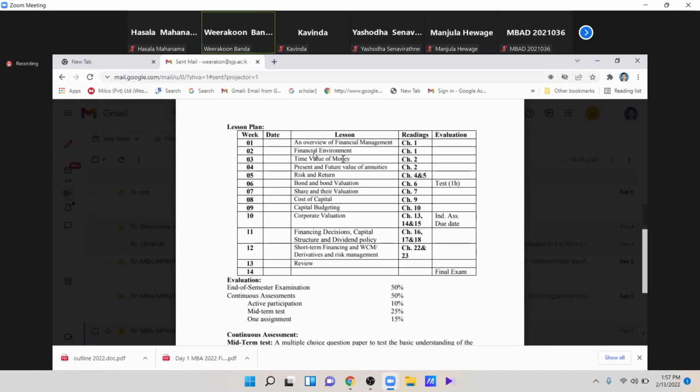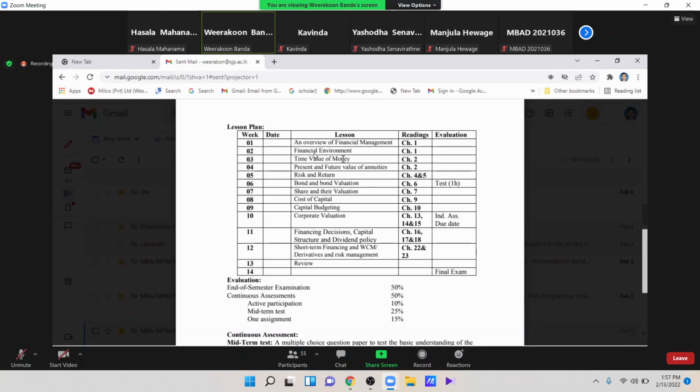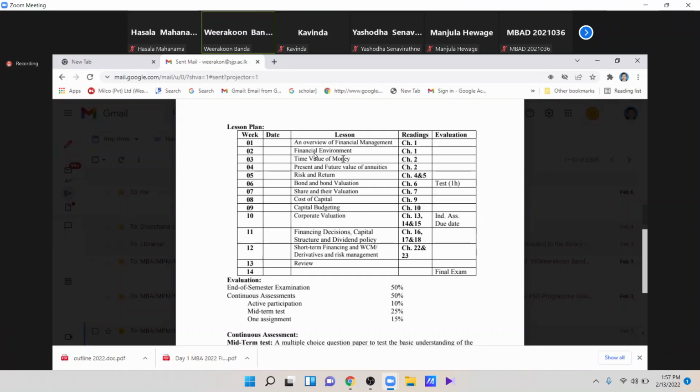Then the other one is the cost of capital. As we explained earlier, when there are different financing sources, at the same time we have to compensate the investors. On average, ultimately, we can estimate the company's cost of capital. If you know your business's cost of capital, then all decisions are taken based on it.